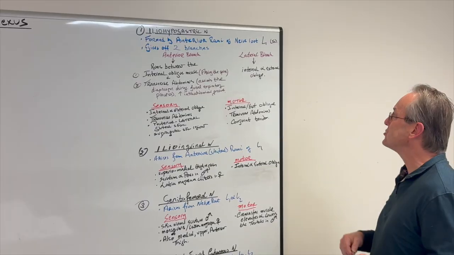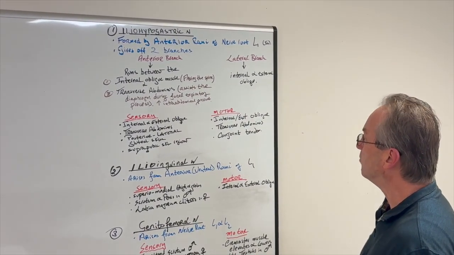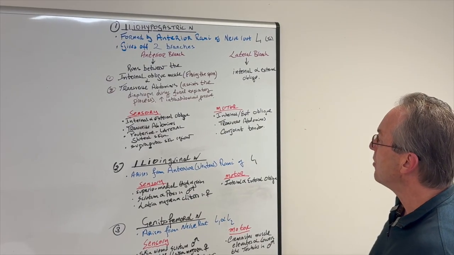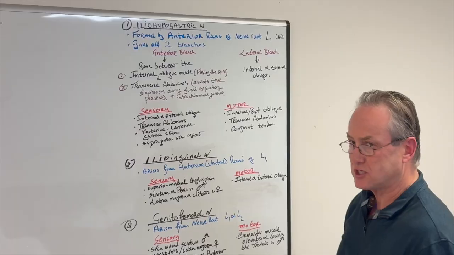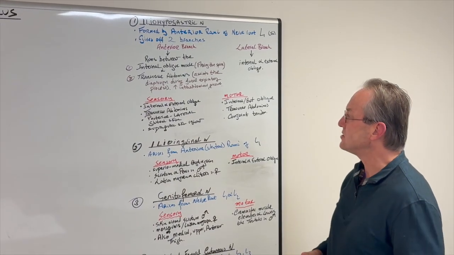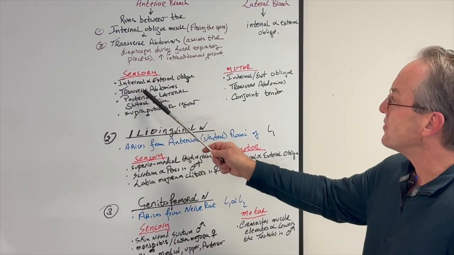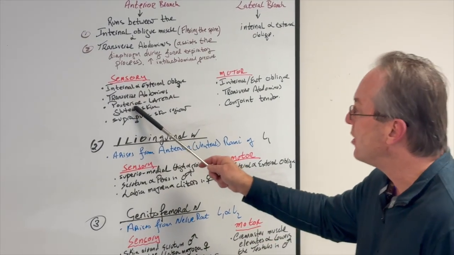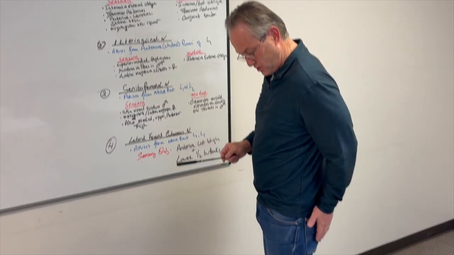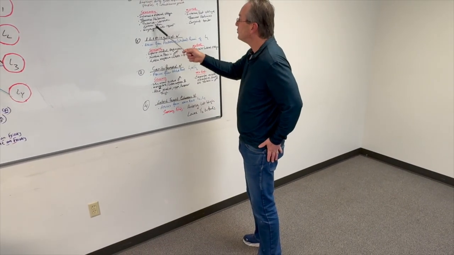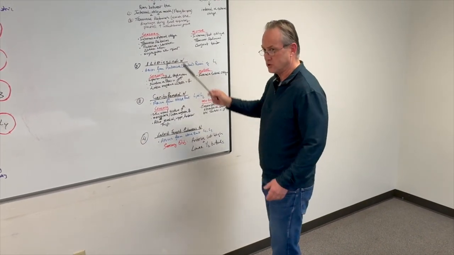The lateral branch will innervate the internal and external obliques. What about sensory? What does the iliohypogastric nerve do as far as sensory cutaneous? Internal and external obliques, the transverse abdominis, the posterior lateral gluteal skin, and the suprapubic skin region.